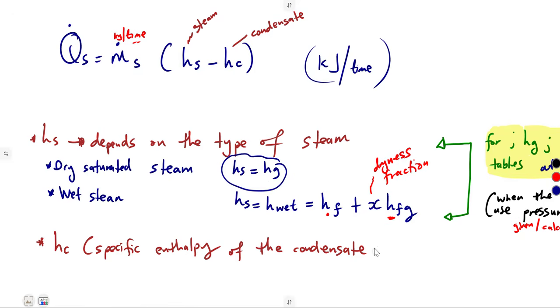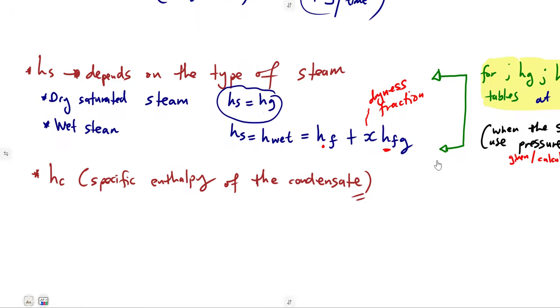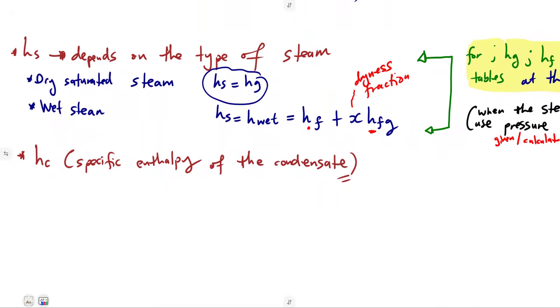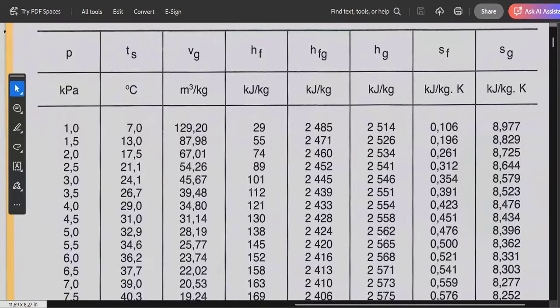It's HF. Remember, that is HF. So HC is simply equal to HF. We're talking about the liquid enthalpy, HF. HFG is evaporation, dry saturated. So liquid, liquid, liquid, HF.